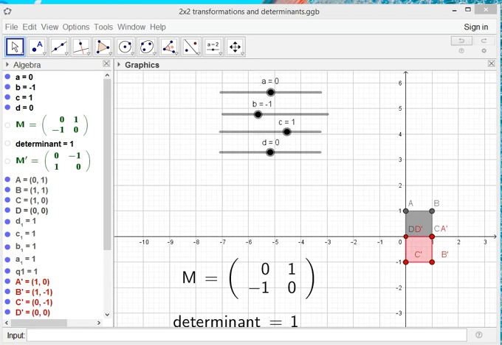Here you can see we have matrix M equal to 0, minus 1, 1, 0, which represents a rotation clockwise of 90 degrees. You can see that the determinant is 1. As you can see, the order A, B, C, D is the same as the order of image A', B', C', D'.